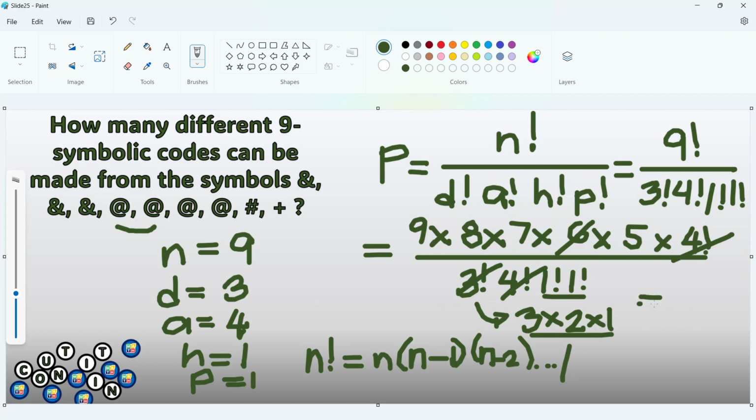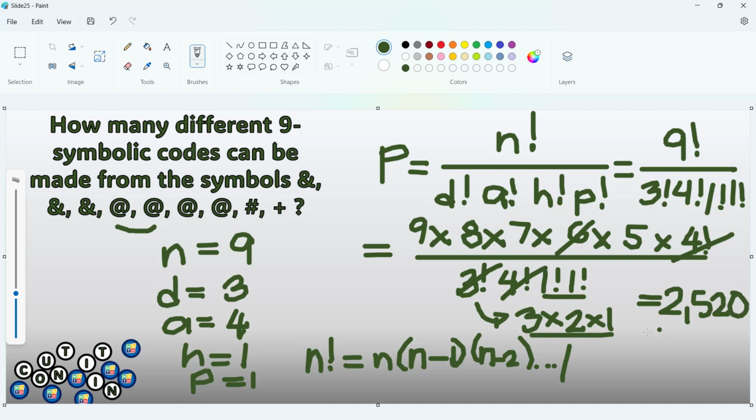It's easier for me to simply multiply the numerators. So you have here the product of the numbers remaining in our numerator. We have 9 times 8 times 7, we don't have 6 because it's already cancelled, times 5. The result of that is equal to 2,520.